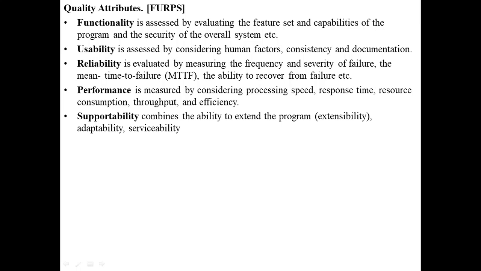Reliability is evaluated by measuring the frequency and severity of failure, the mean time to failure, the ability to recover from failures, etc. Performance is measured by considering processing speed, response time, resource consumption, throughput, and efficiency. Supportability combines the ability to extend the program, adaptability, and serviceability.